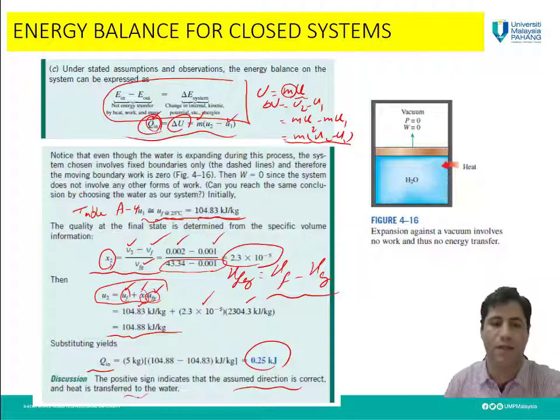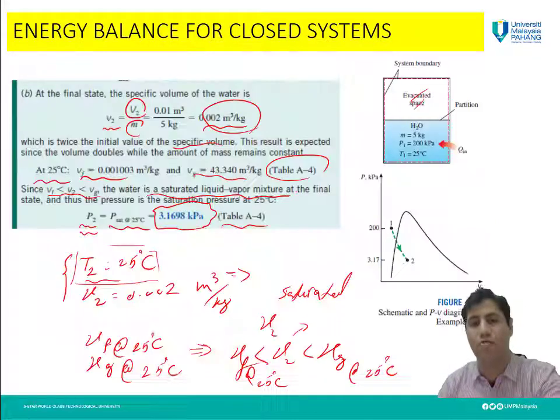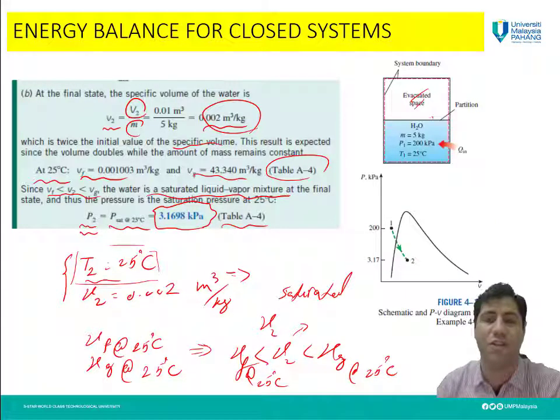This is what I told you. So in this example, you have seen how we can use all of the information which we have learned up to now. A comprehensive example actually, and a very important example. Just one thing about the system which we have selected here.